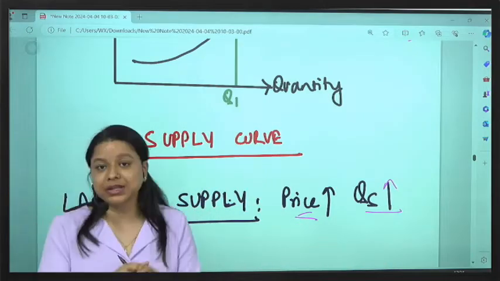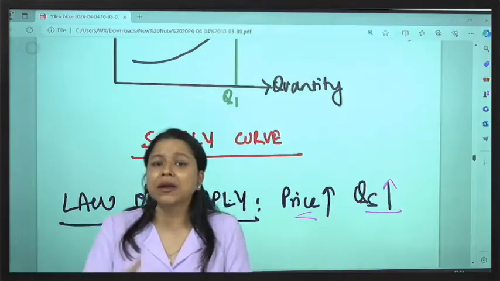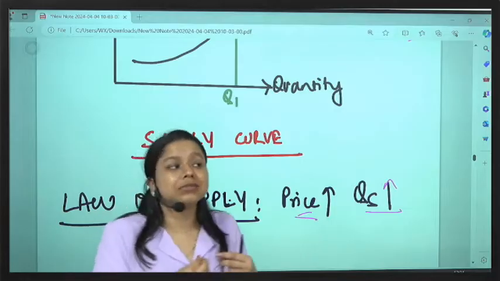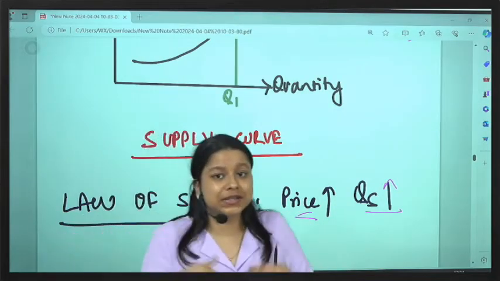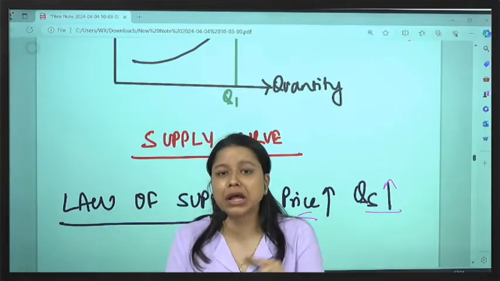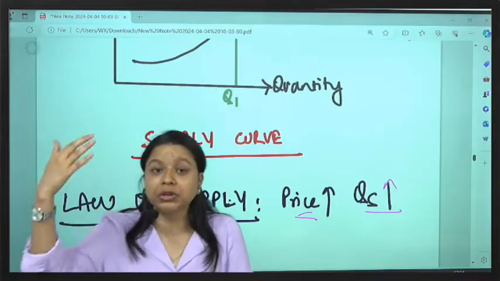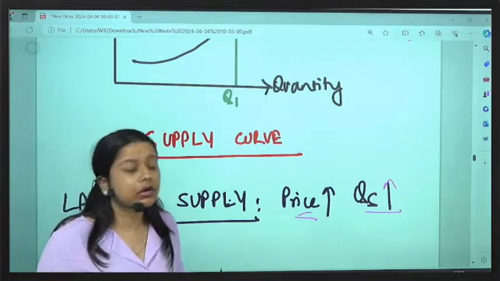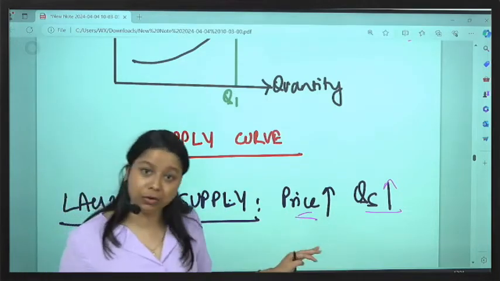For example, if you're talking about the supply of mangoes, suppose the price of the mangoes increases, then obviously the fruit seller who is maybe selling mangoes, apples, bananas, will be focusing more on the mangoes because there the profitability is higher. So as the price increases, the quantity supplied will increase for mangoes, right?